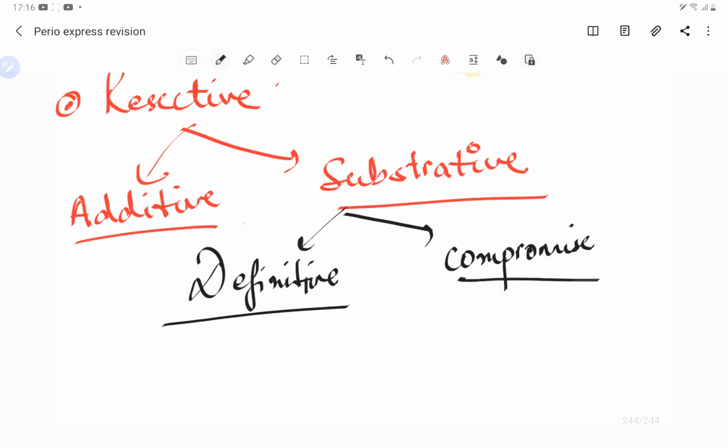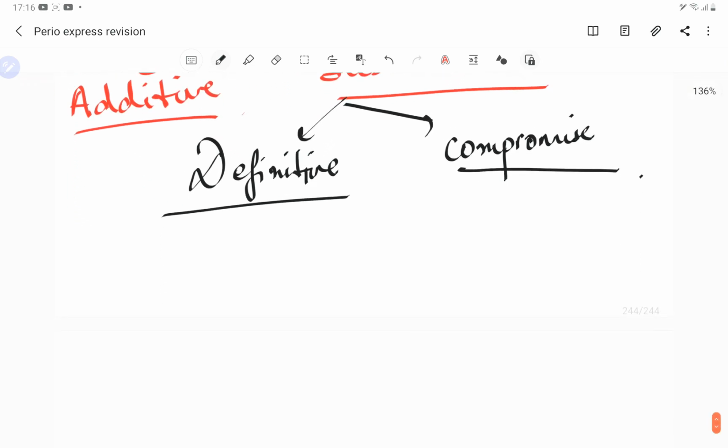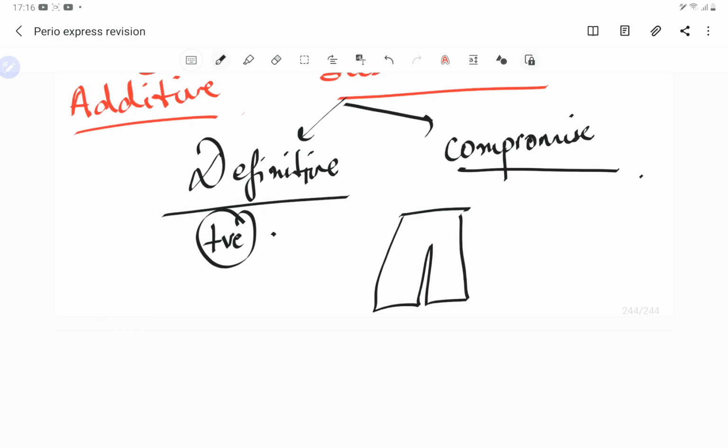So, guys, definitive means you have established a positive osseous form. That means with the jean span, you have asked the tailor to cut that part of the jeans and make it a short, and he has nicely given a contour to this, so that it looks just like a short.